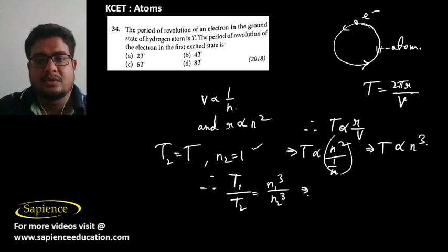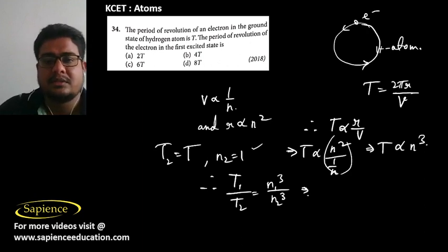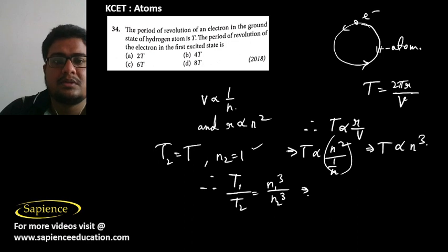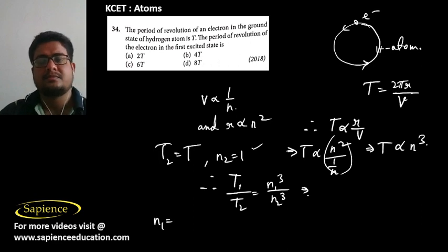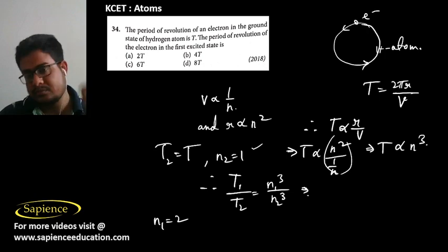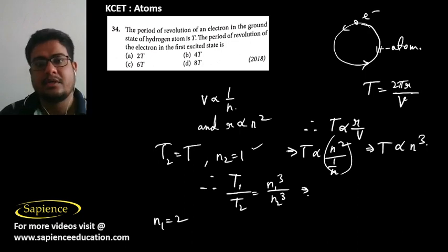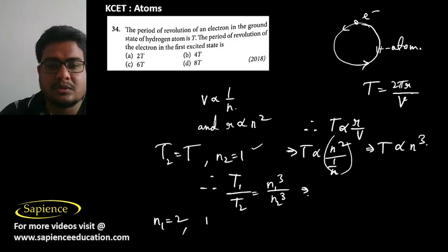When n2 is 1, T2 is T, then T1 is how much? The period of revolution of the electron in the first excited state. First excited state means n is equal to 2. N1 is equal to 2, then T1 is what we have to find.